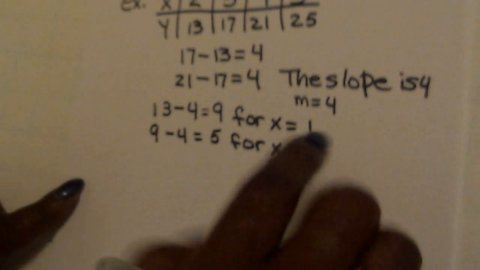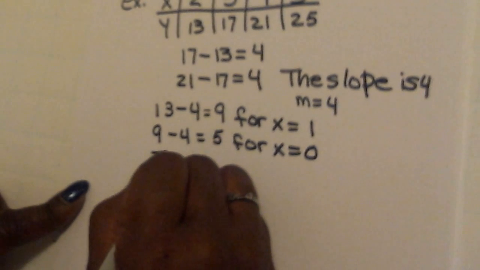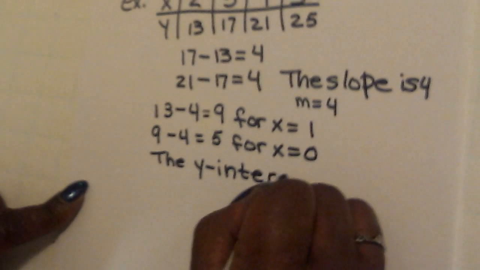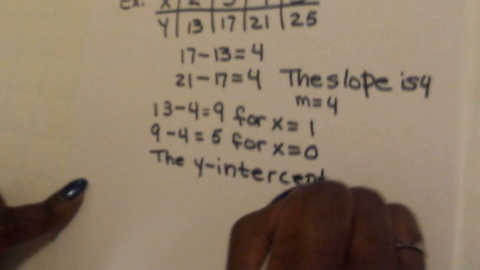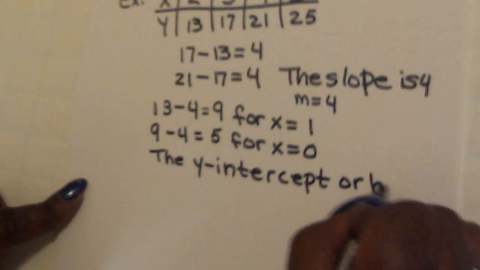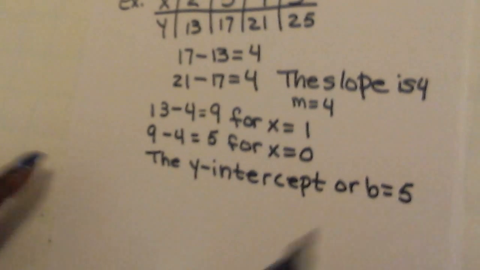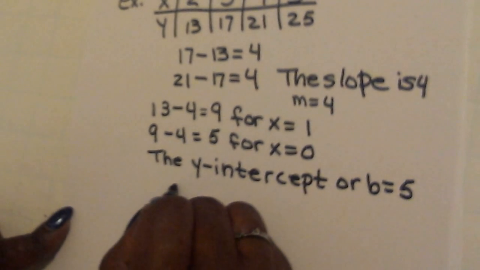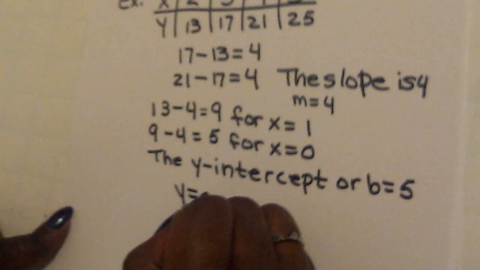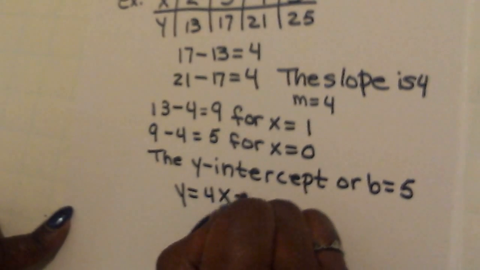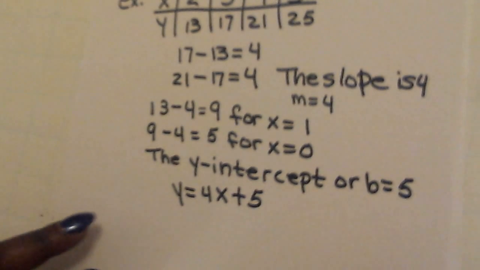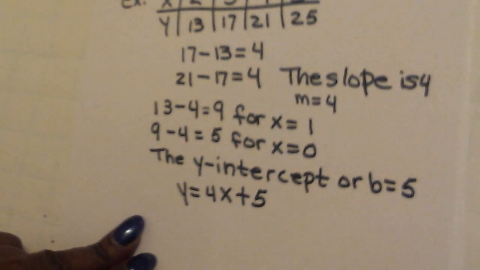So the y-intercept, or b, equals 5. Now we have the slope and we have the y-intercept. We can write the equation. So my equation is y equals 4x plus 5. Now next, does everyone have that?